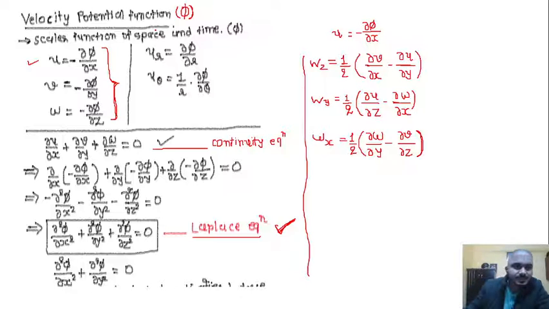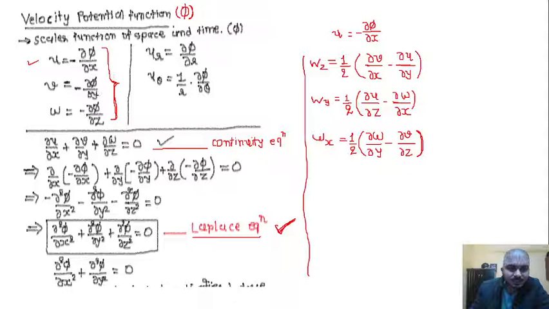It is defined in such a way that if we differentiate the velocity potential function with respect to a space coordinate, then it gives us the velocity component in that direction. What they are trying to say here, which is already written over here, is that if we differentiate the velocity potential function phi with respect to x, then it will give us the velocity component in x direction, that is u.